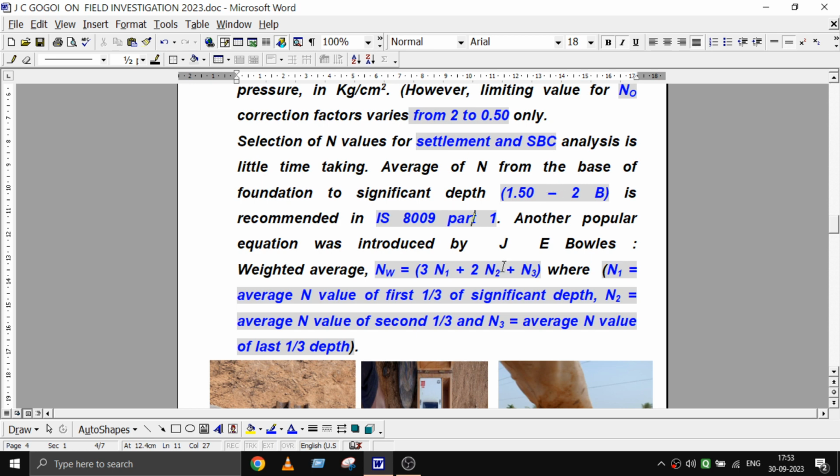First 50% of B, that is 1, and second 50%, that is 2, and third 50%, third is 3. So this is his equation.